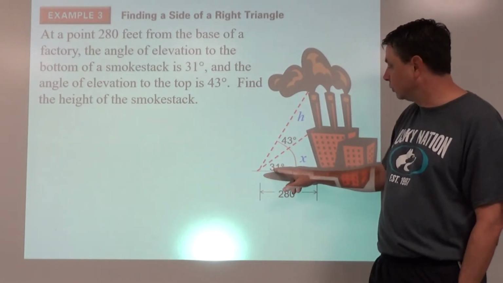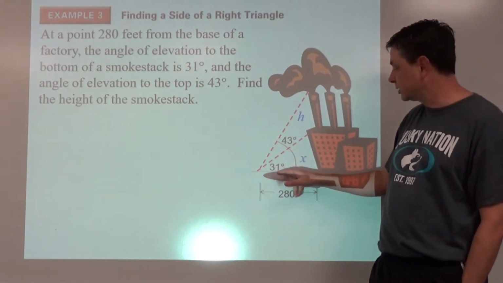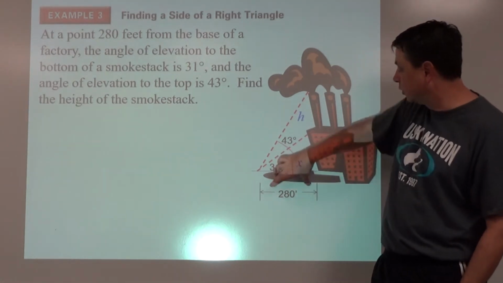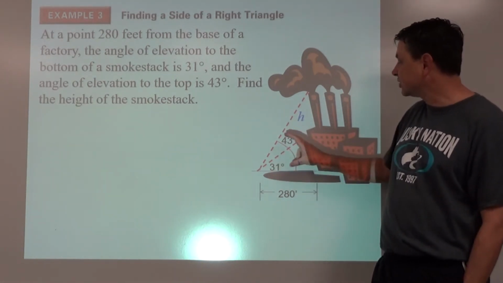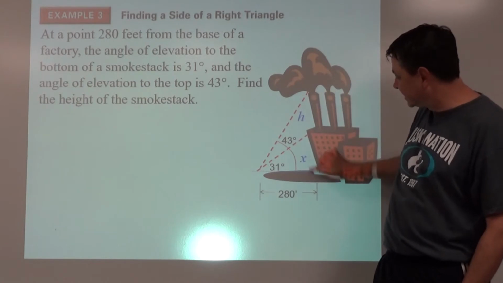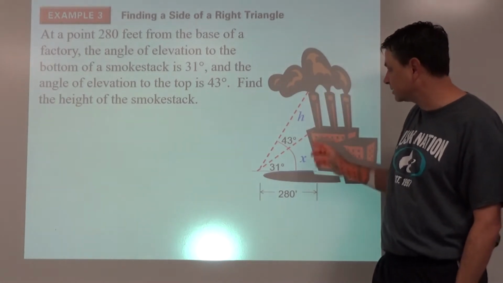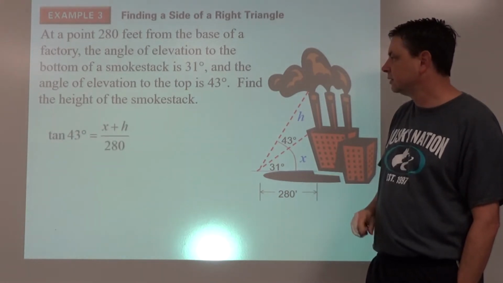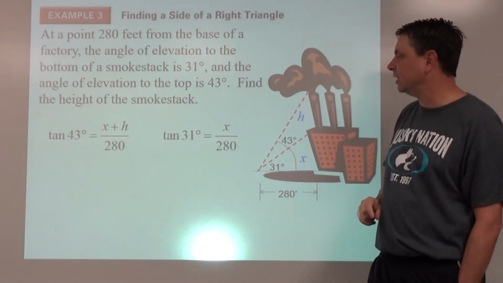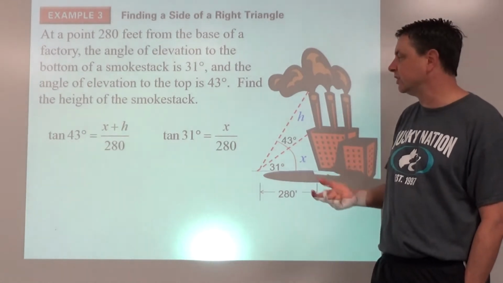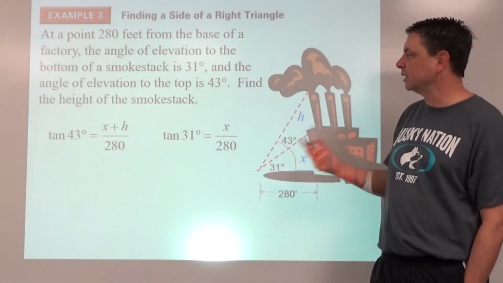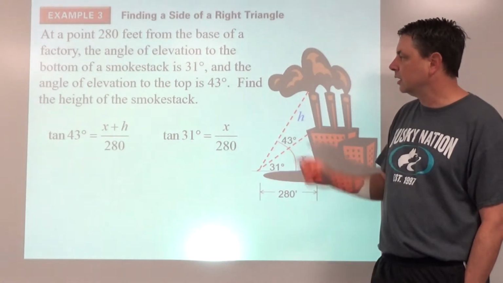We've got, for the 31 degrees, tangent of 31 degrees is x over 280. Tangent of 43 degrees is this side of the right triangle, so h plus the x, over 280. So we've got that equation and we've got that equation. So we've got two different equations. We are ultimately solving for h.